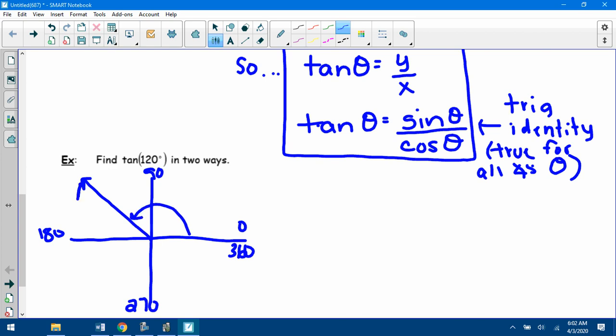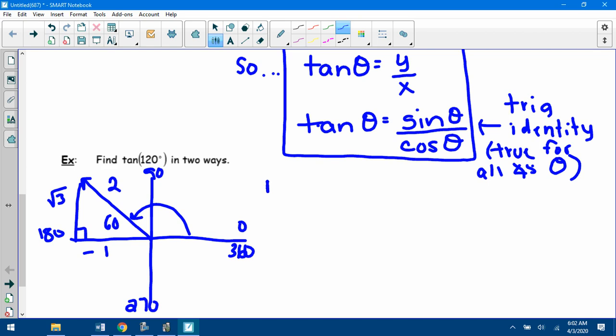You draw your triangle down. And 120 means that this reference angle is what? It's attached to 180, so you've got to subtract them. So this is going to be 60. So next to 60 is always the 1. The hypotenuse would be 2. Radical 3 is over here. And the 1 would be negative because I'm going to the left.